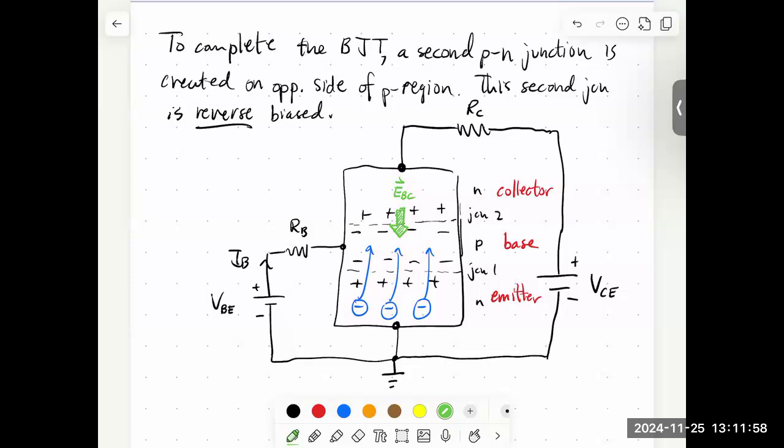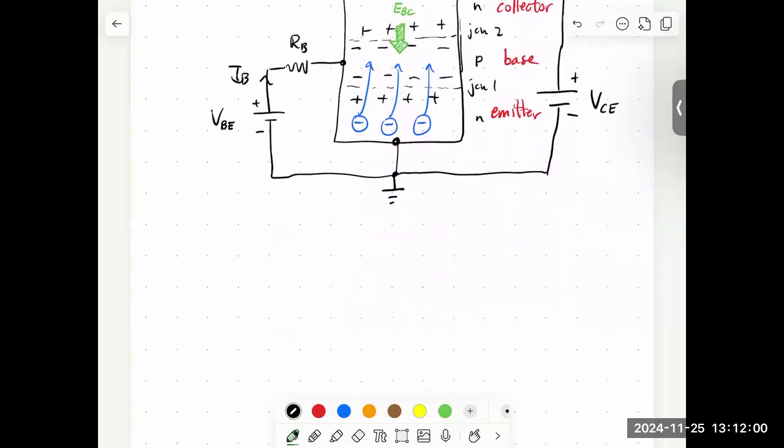So that's the first thing to make note of. So electrons from the emitter are injected into the base. That's just because it's a forward bias junction.